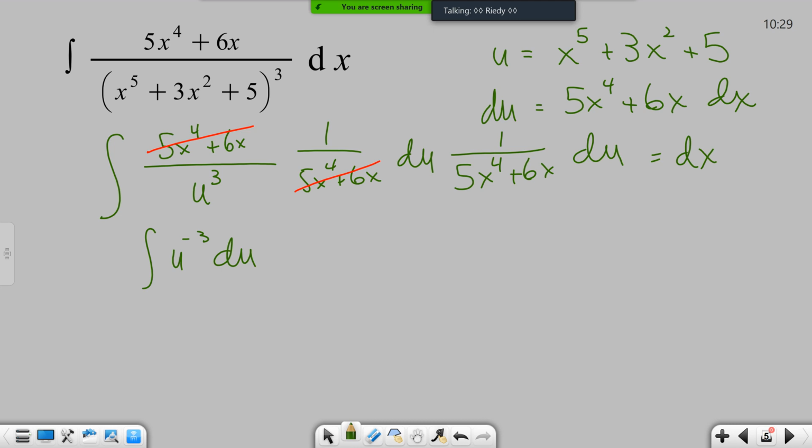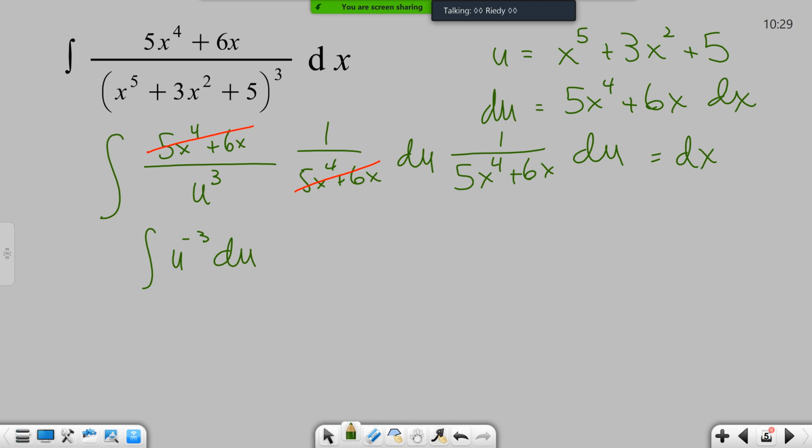And I'm not going to finish these because I'm assuming that you can take the integral. Remember, when you're done, however, you want to plug back in for u, because I want my answer in terms of x, not in terms of u. Questions on this one?